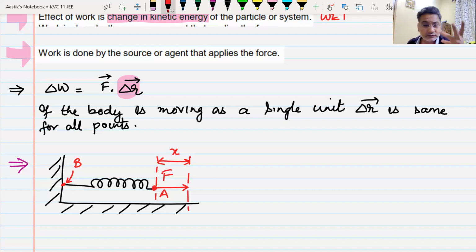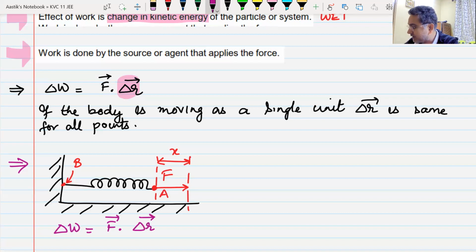In this case, how will you find out the work done by the force? So remember, in this case, the displacement x or whatever displacement you take is the displacement of the point of application of force. So, whenever I write this formula, work done by a force is force dot displacement.